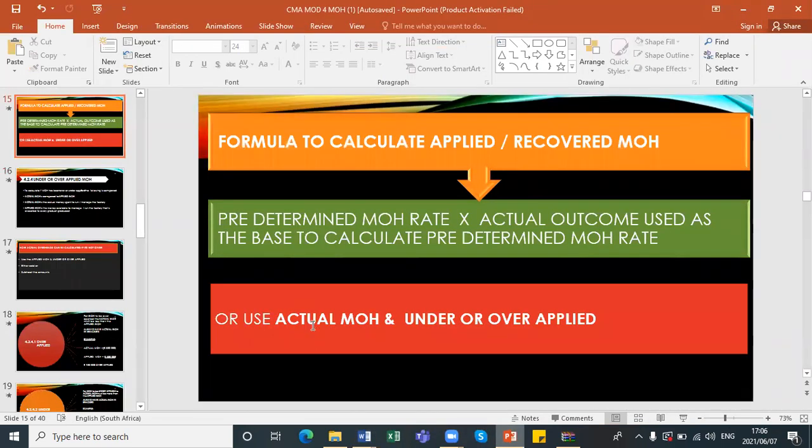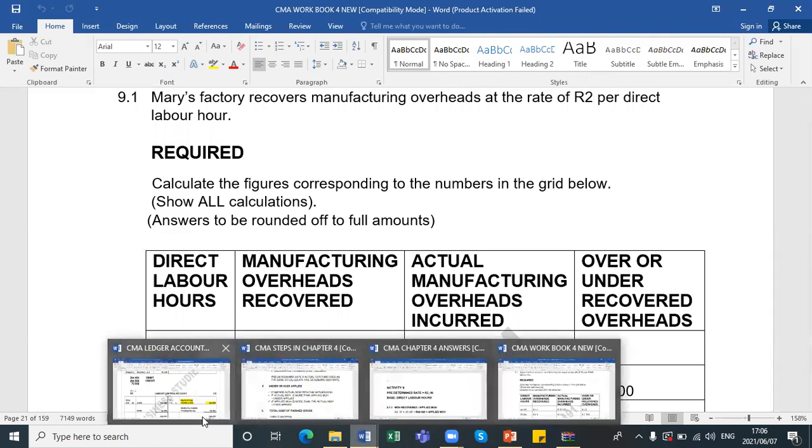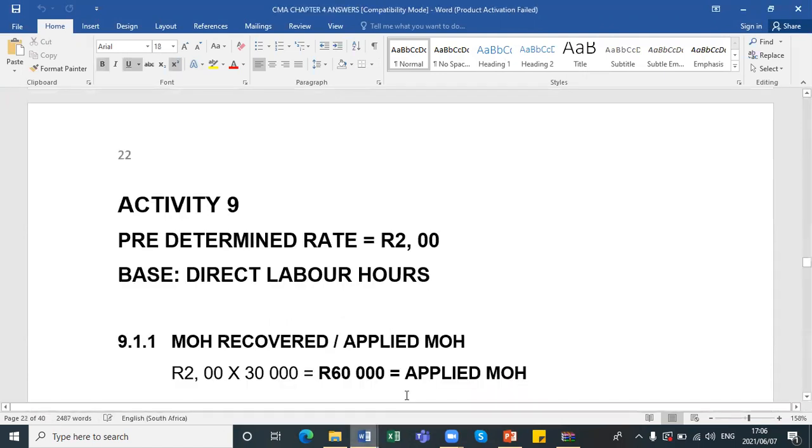So you can't use this one. You can only use the predetermined rate times your actual labor hours. Now, here you have your predetermined rate of 2 rand, and here you have your actual labor hours. So what do we say? We say 2 rand times 30,000 gives you 60,000. So that's my applied MOH.